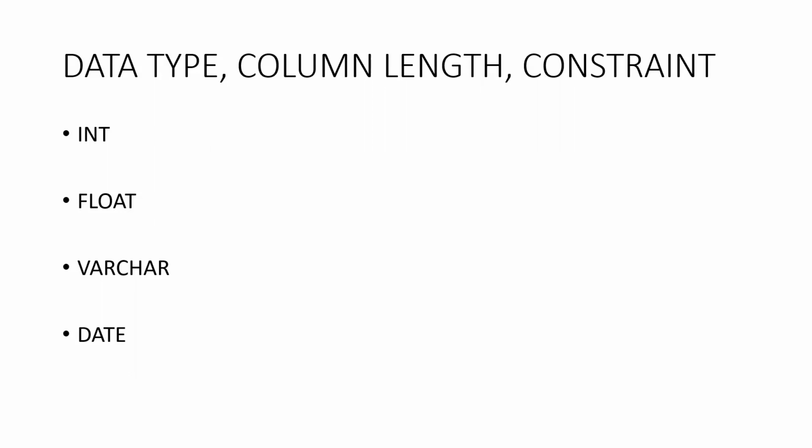If we put not null there, the column cannot store null. I'm sorry, not null is not a data type. Not null is a constraint. If we put not null for a column, the column cannot be nullable, so it must have data.